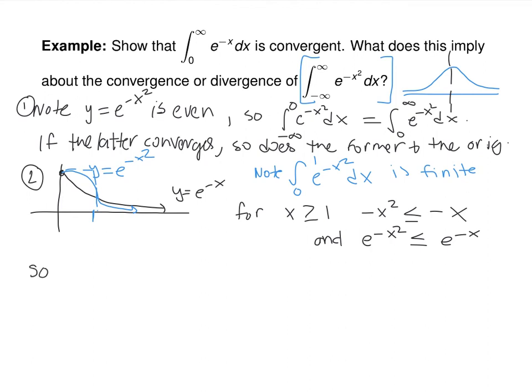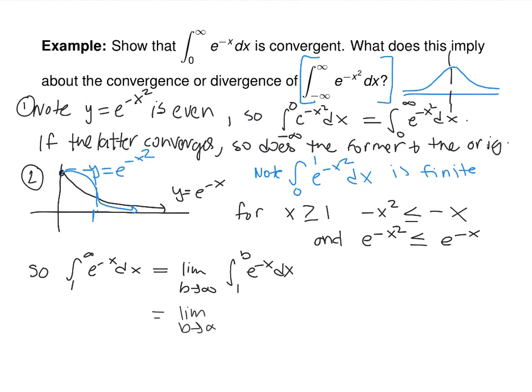And so the integral from 1 to infinity of e to the negative x dx is equal to the limit as b goes to infinity of the integral from 1 to b of e to the negative x dx. This is the limit as b goes to infinity of negative e to the negative x, evaluated from 1 to b.